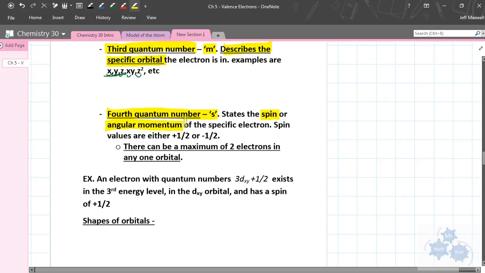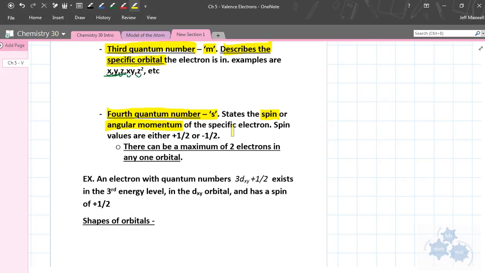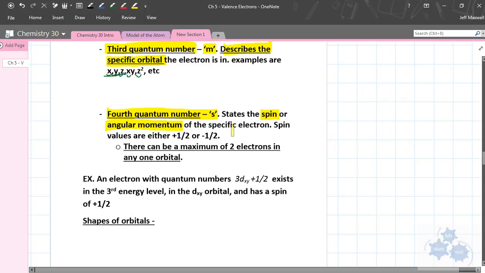It's kind of tough to think about, but two electrons can exist in any orbital. Only two. And in order for them to be in the same orbital, they have to have opposite angular momentum. They cannot be spinning the same way. And again, this is a model. We think about this as spin.